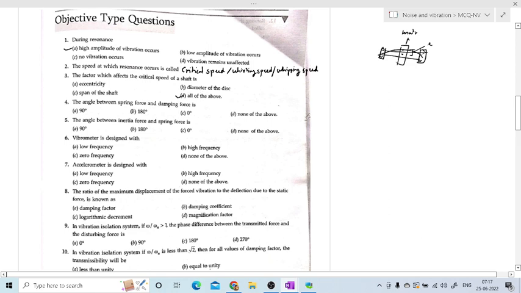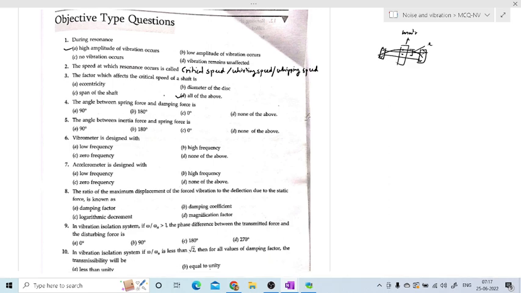Now the angle between spring force and damping force. Yes, I am going to explain this term. See, if you want, then you can refer any book. In any book, for forced vibration, the derivation is given with respect to its differential equation, and that differential equation has a number of terms, and those terms I am going to explain.